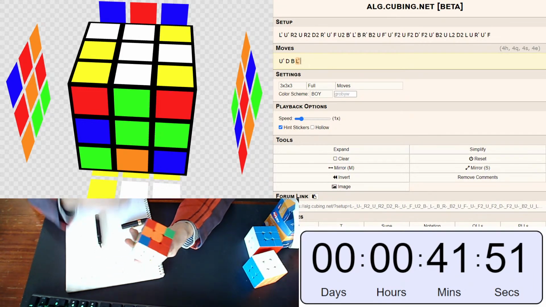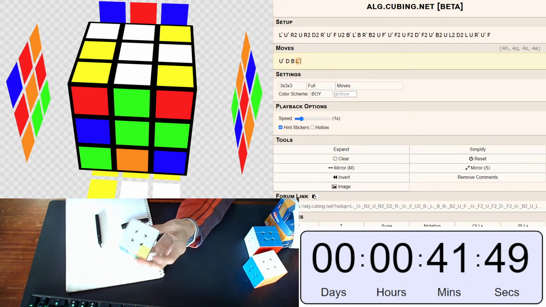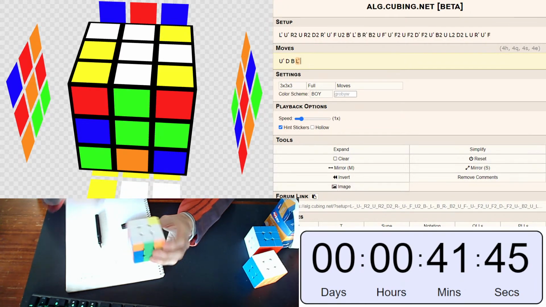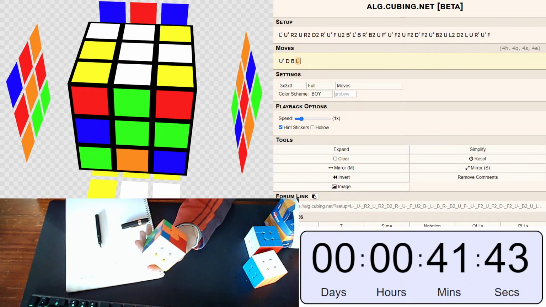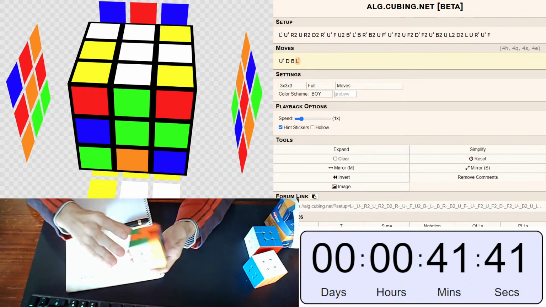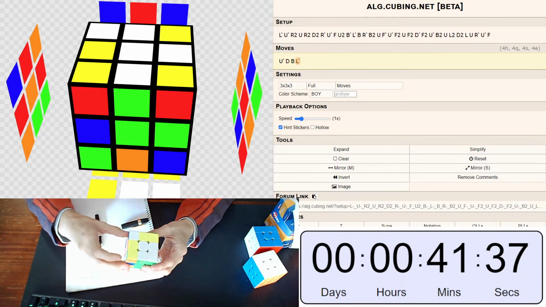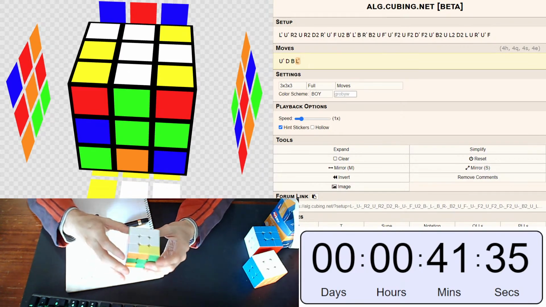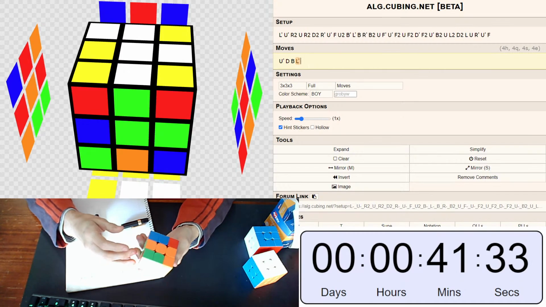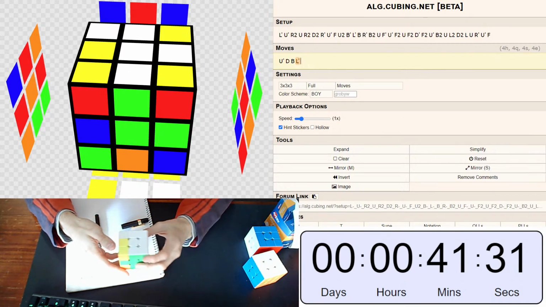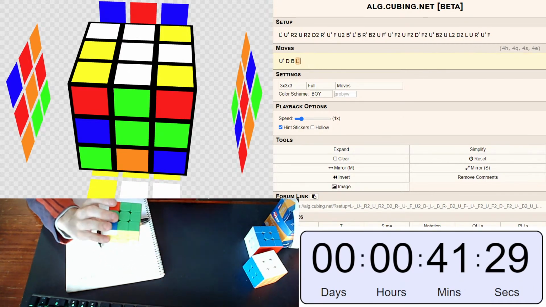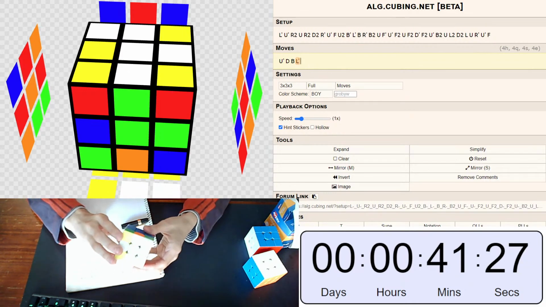So now I'll just play around with block building and try to solve as much as I can, basically. Okay.